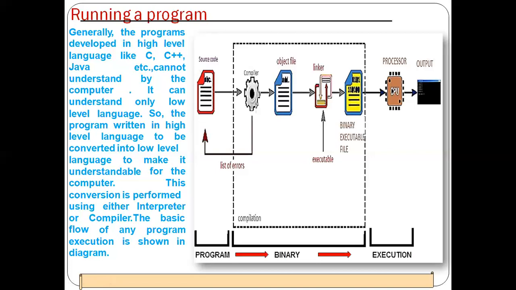Otherwise, if the code is correct, it sends your source code to the object. Then the linker links all the data and sends it to the CPU, and the CPU sends it to the output. So this is the process of running a program.